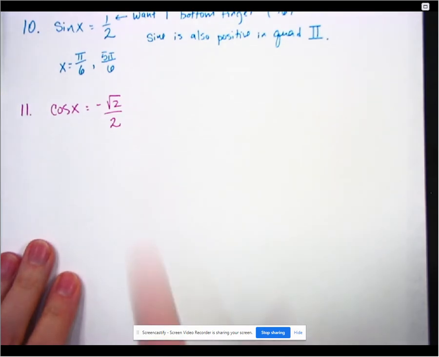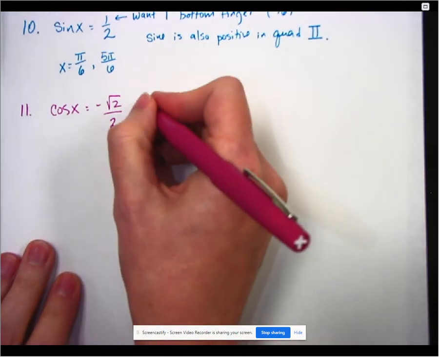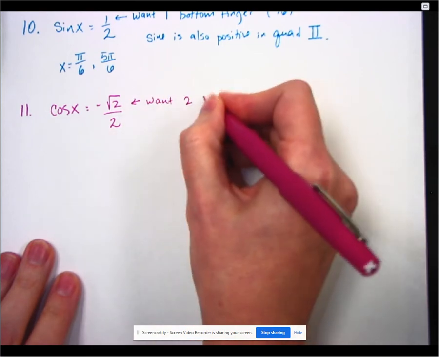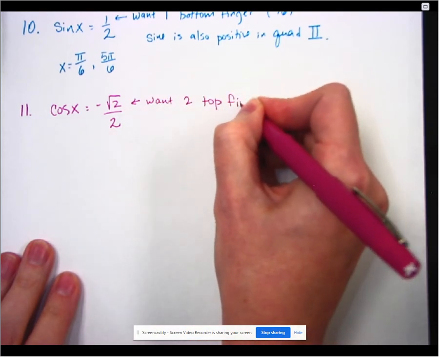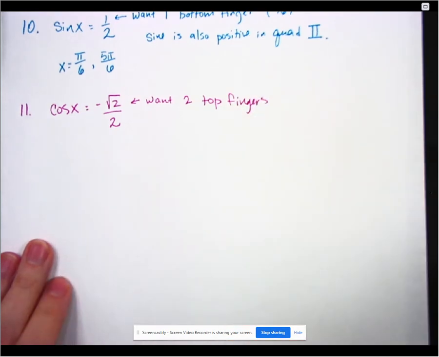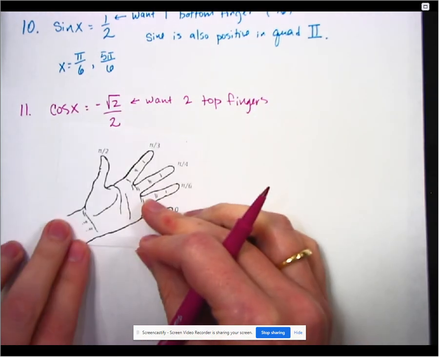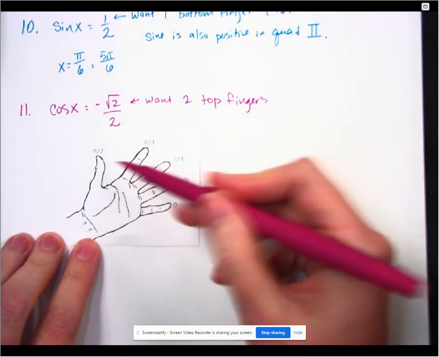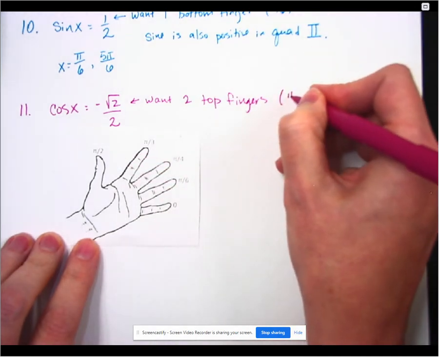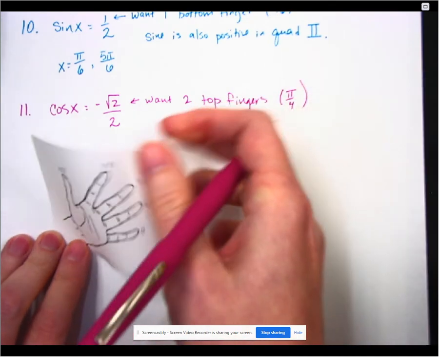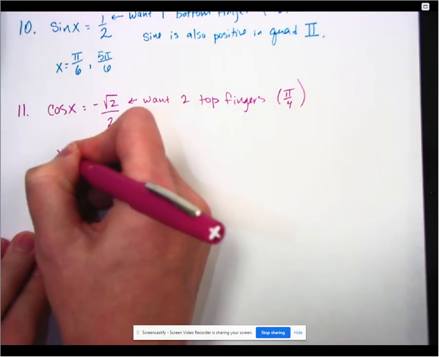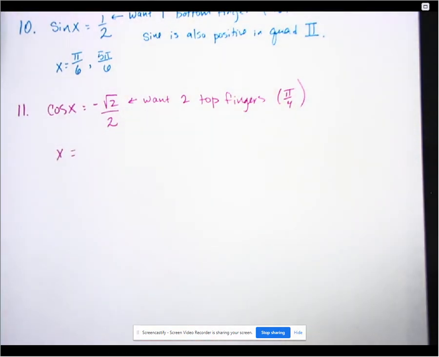What we want to have are 2 top fingers. The finger that would have 2 top fingers is pi over 4. However, pi over 4 is not one of our answers, because the cosine of pi over 4 is positive square root of 2 over 2.